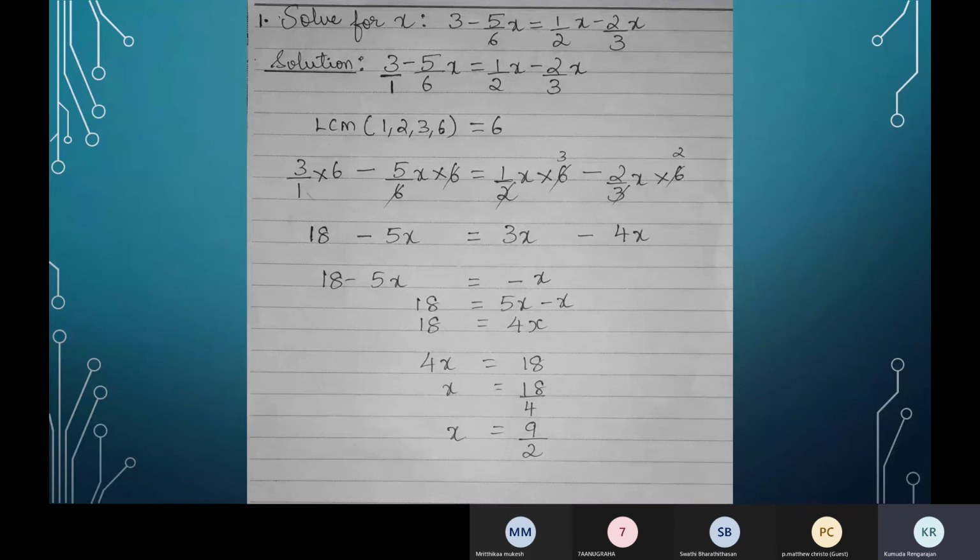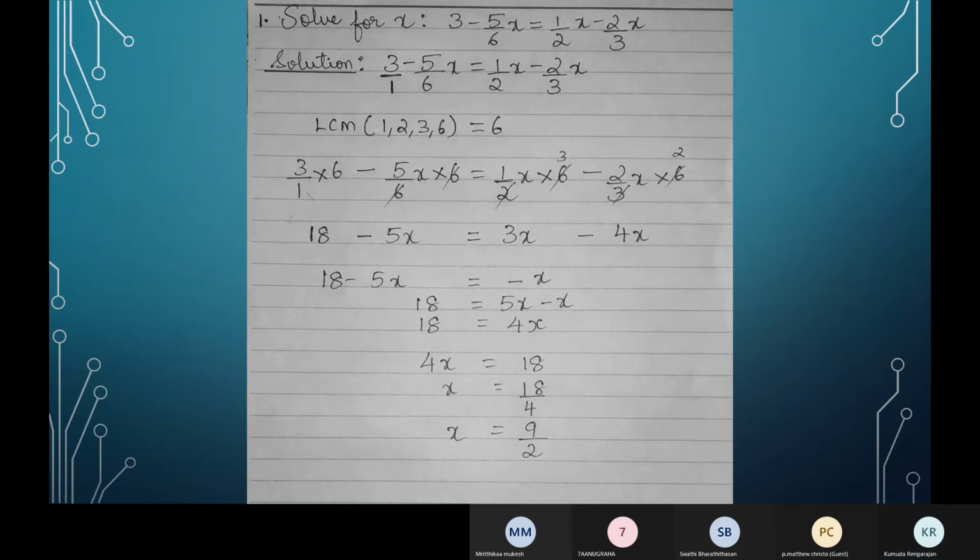I'll read the equation again. 3 minus 5 by 6x. So two terms separated by a minus sign. Correct, children? Yes. 5 by 6x is one term. Separator is always a plus or a minus sign, not a multiplication sign.